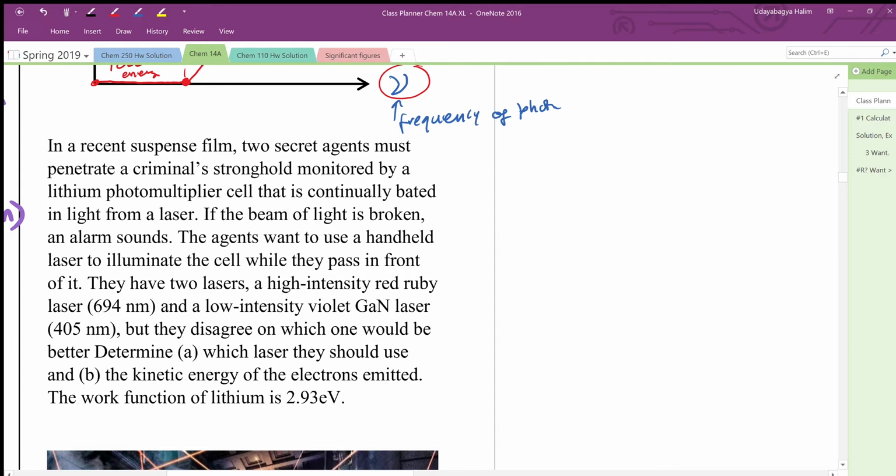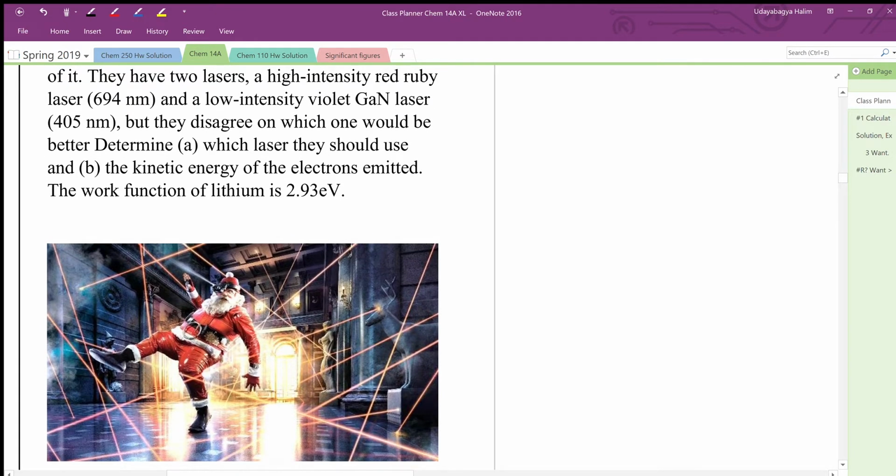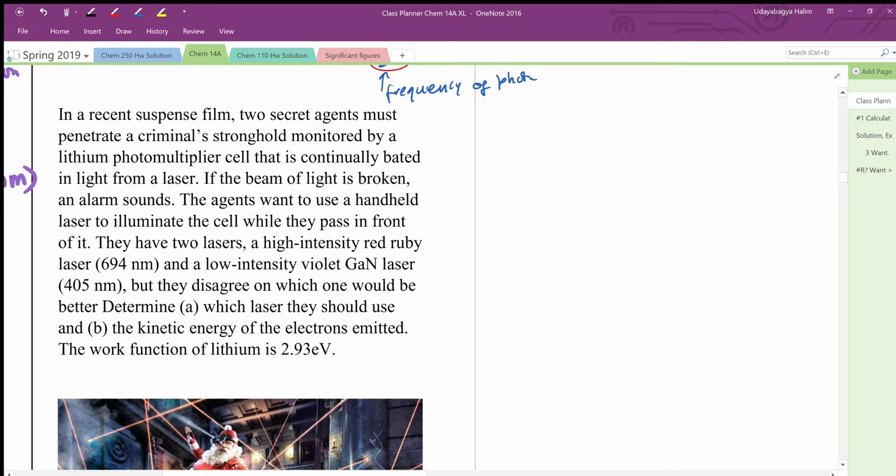You essentially have one of those laser alarm setups, and when the laser light comes in, there's a photoelectric effect going on, and as long as the photoelectric effect is going on, the alarm is not going to sound.